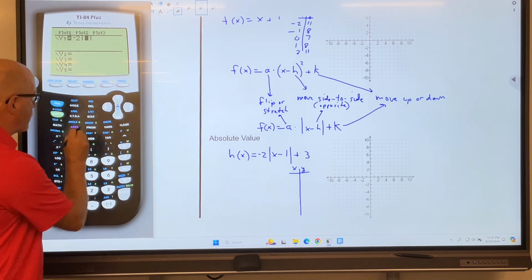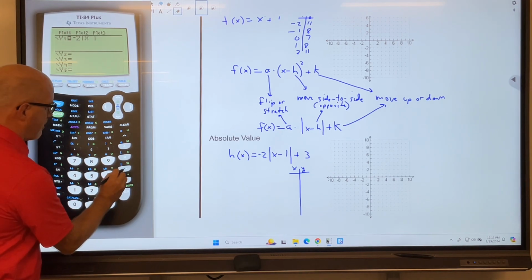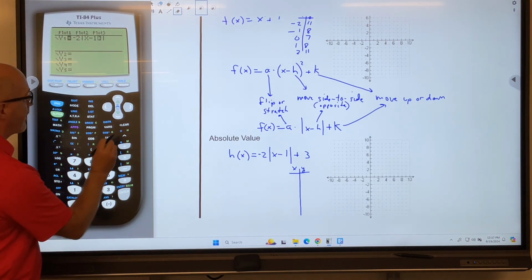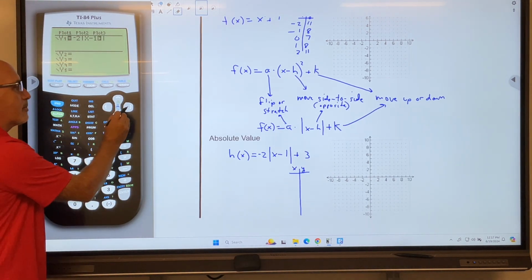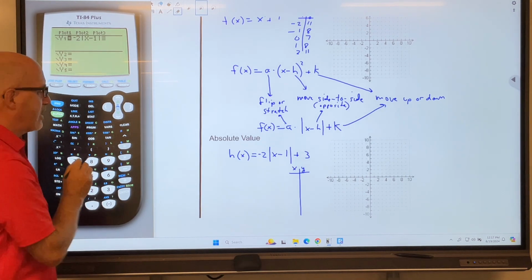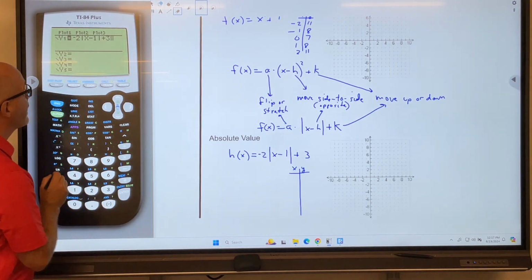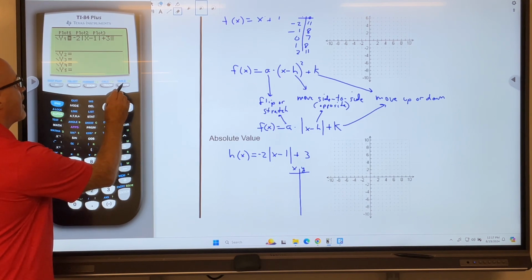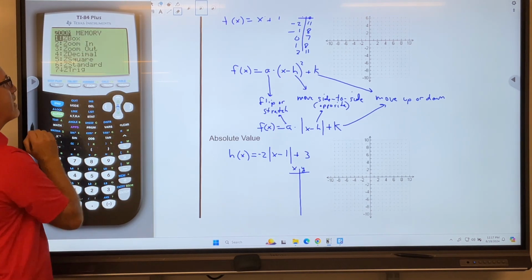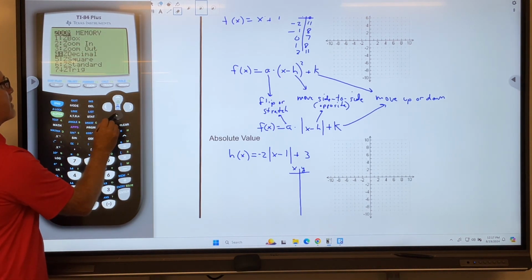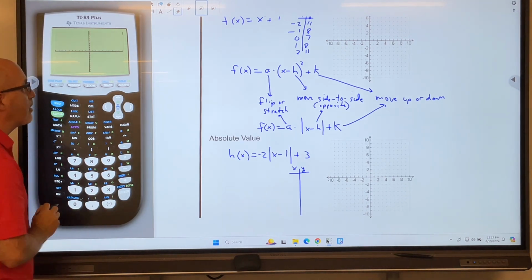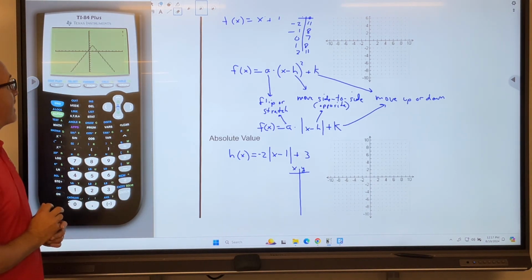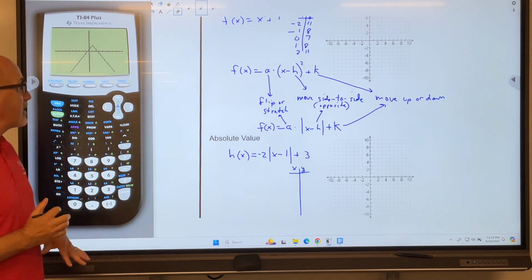Let's do x minus 1, and then I want to get outside the absolute value, so I'm going to arrow over and put a plus 3. Now let's look at the graph here. I'm going to do zoom and then go down to standard to get my standard graph, because I had changed the window before. Now I've got -10 to 10 here. Notice it flipped it upside down.